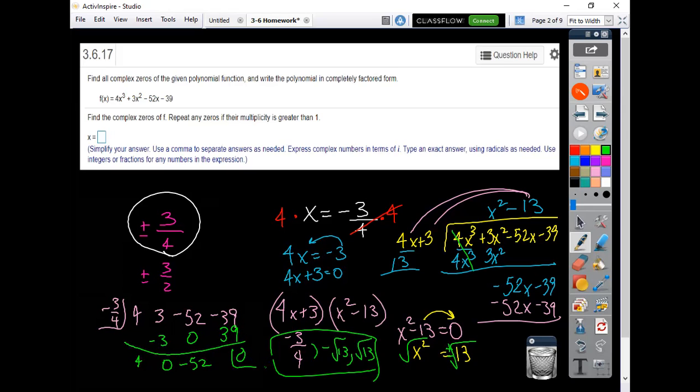Now, here's the interesting part. See how over here when we actually divided it out, we were supposed to get the x squared minus 13? Well, it's here, but because we were dividing by 4 here, our answer down at this step is 4 times bigger than it's supposed to be. So to find out what the factor really is at this point, whenever you're dividing by a fraction up here, your final answer here all has to be divided by that denominator.